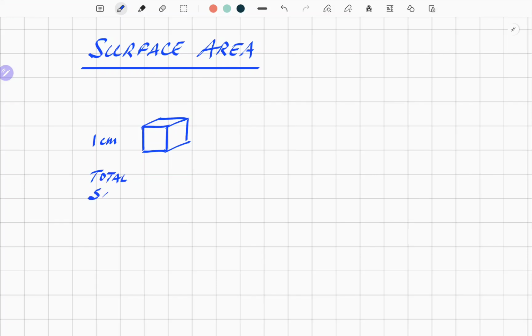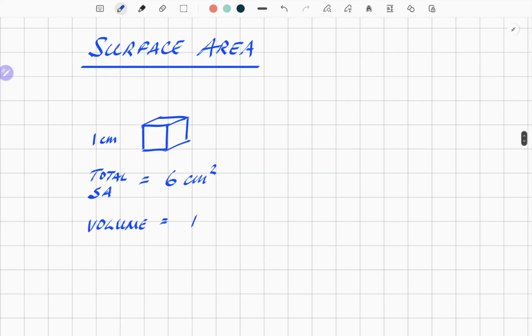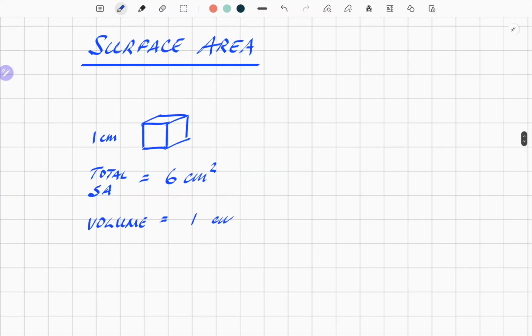Total surface area equals 6 square centimeters, all right? And what's the volume? 1. Right. Cubic centimeters.